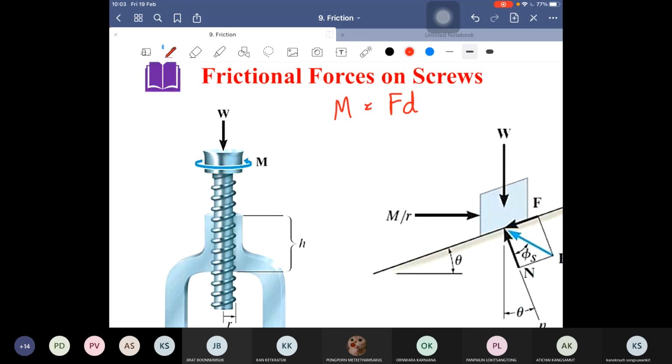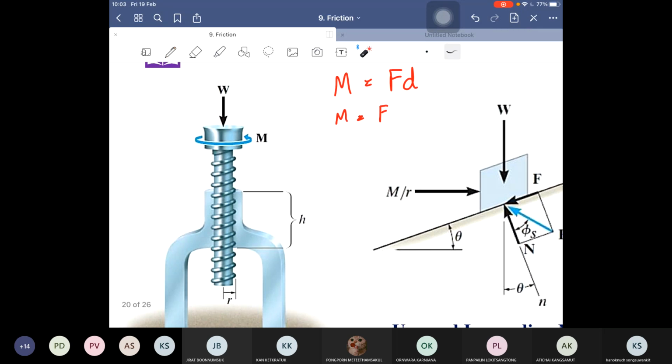For this moment M, we don't know the force yet, right? But for the distance, this moment M is turning around the center point. So the distance between the center point and the edge of the screw equals the radius R. So F acting on the screw equals M by R.